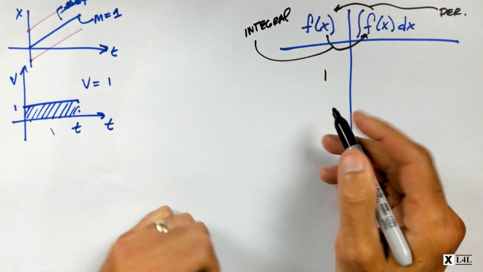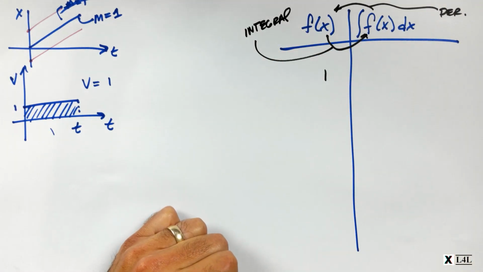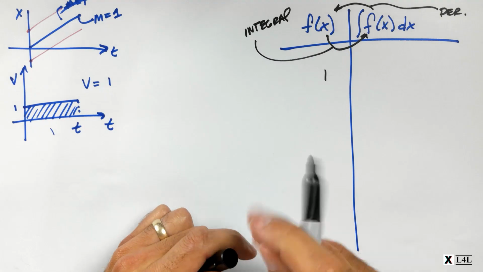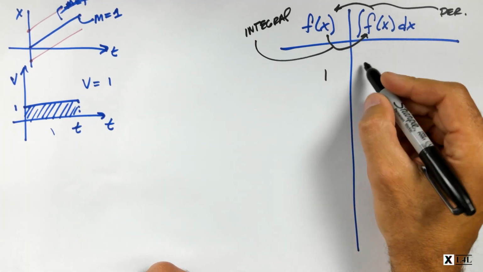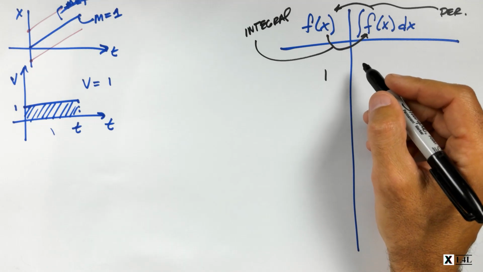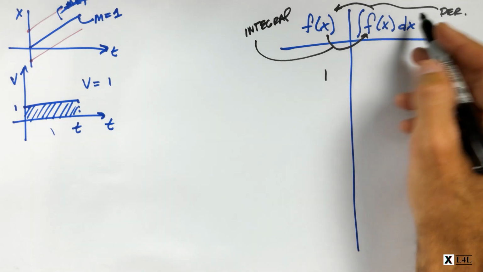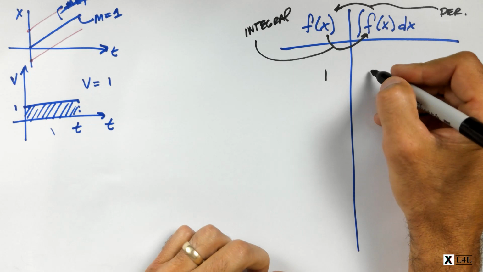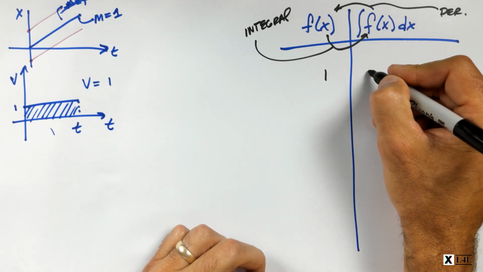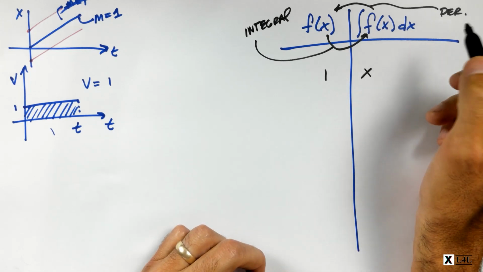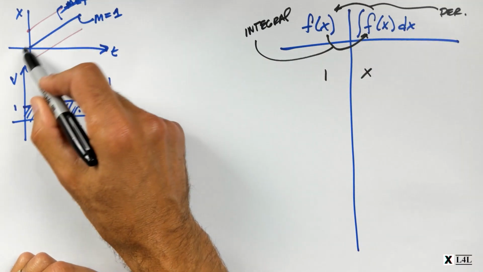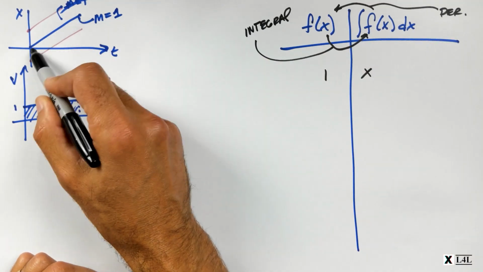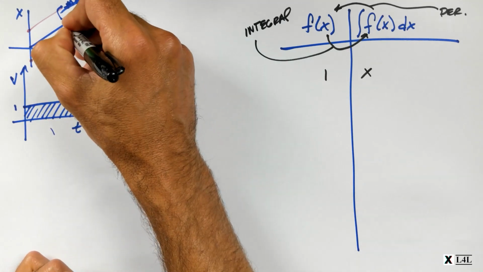They go back and forth with each other. So my f of x is 1, which is what is here. If I then take the integral of that, well, to get 1 by taking the derivative, I need to have x, right? And that makes sense. If I started here, what is this function? This function is y equals x.